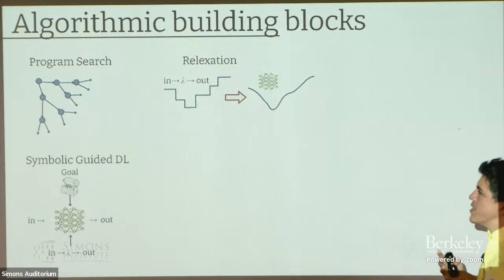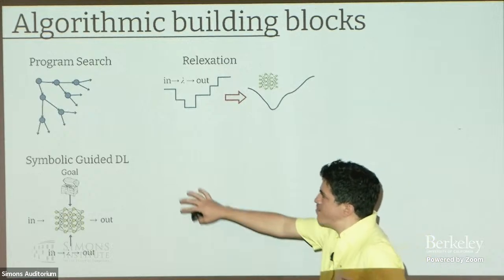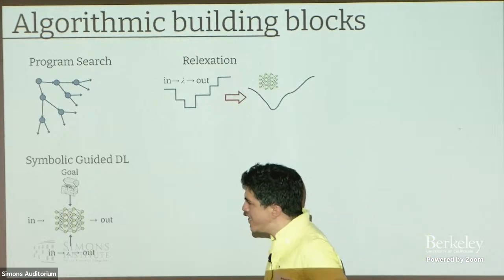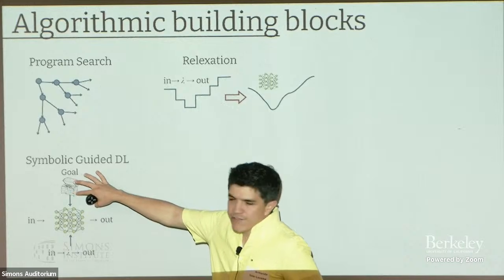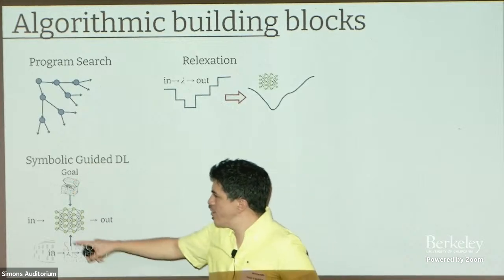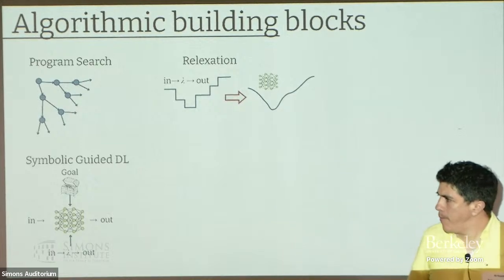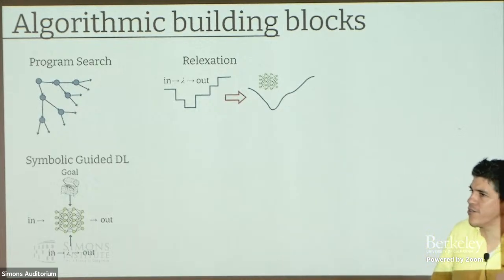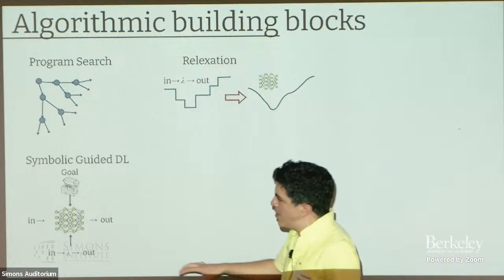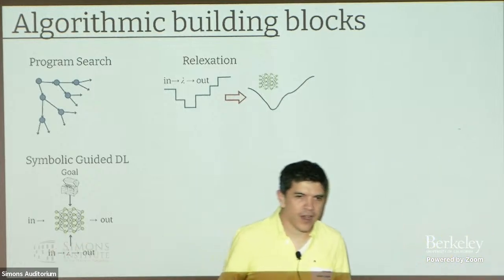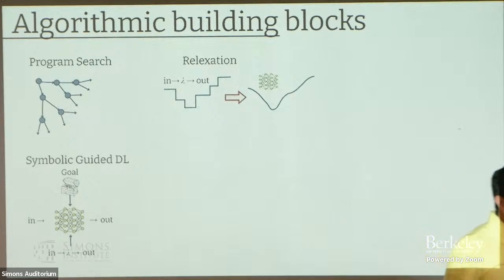The other really important building block here is what we call symbolic guided deep learning. And the idea here is that we have some high-level goal. And what we want to do is learn some neural network that satisfies that goal, but that is also guided by some symbolic knowledge provided in the form of either a full program or, more often, in the form of partial programs or in the form of building blocks from which we're going to build these programs.